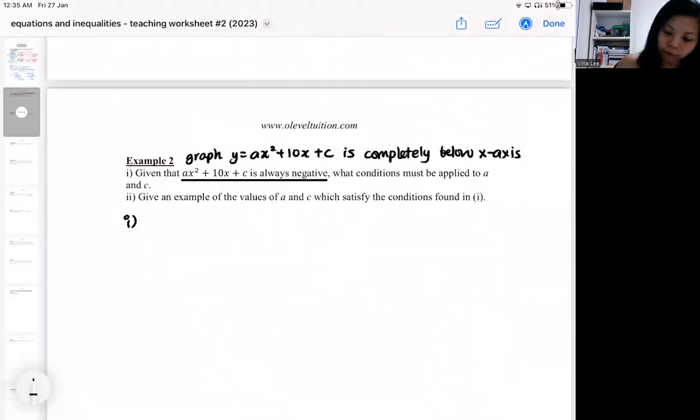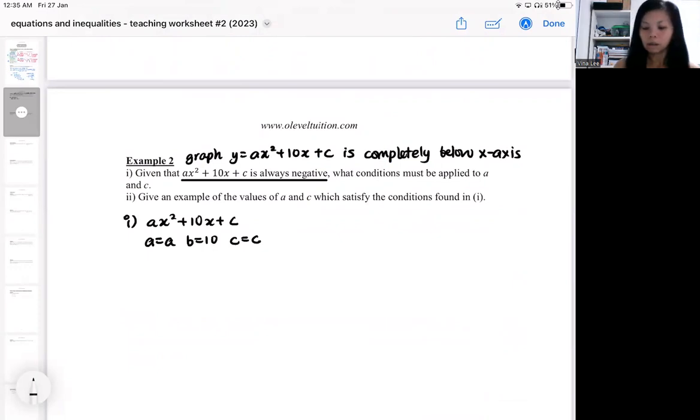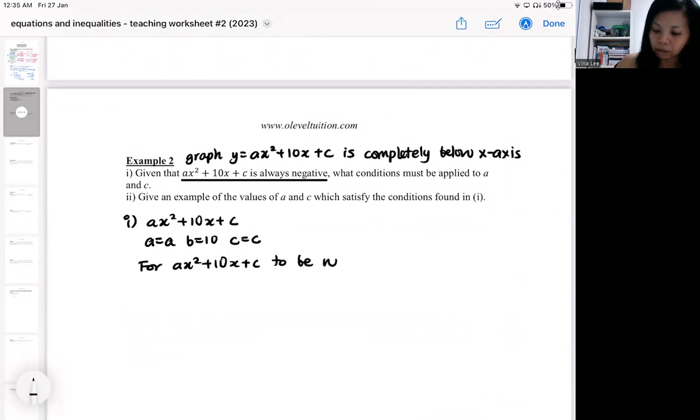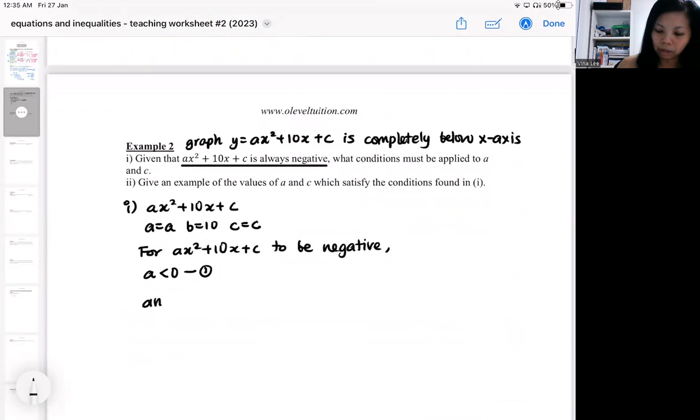So I'm going to explore the ABC first. So for this to be always negative, meaning the graph is always below the x-axis, A must be negative and the discriminant must be negative.